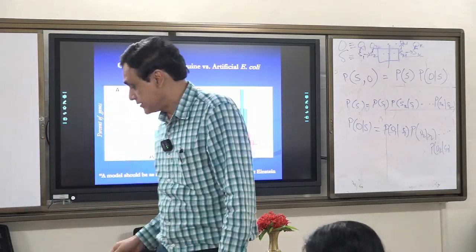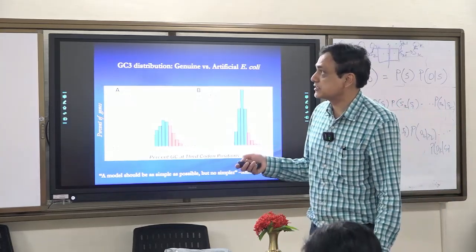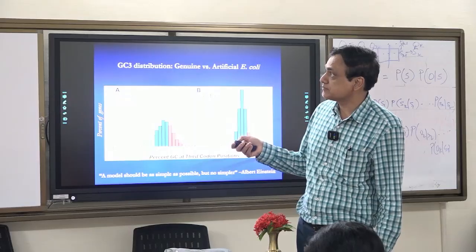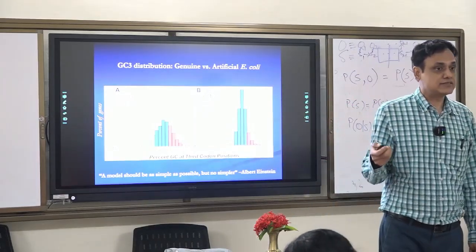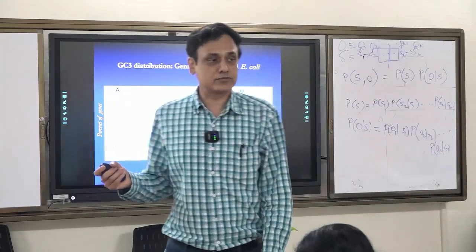And then what was done was to look at the distribution of GC at the third codon position. GC, you understand? GC content, G or C. So that is the GC3 distribution.